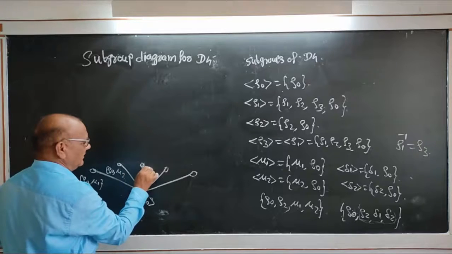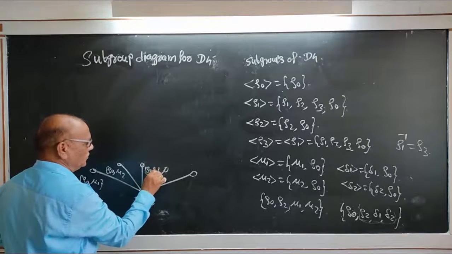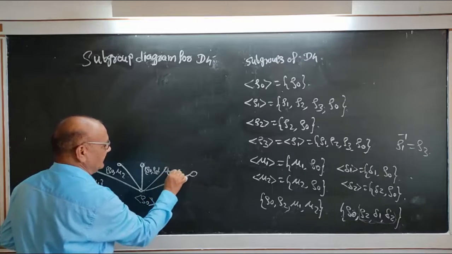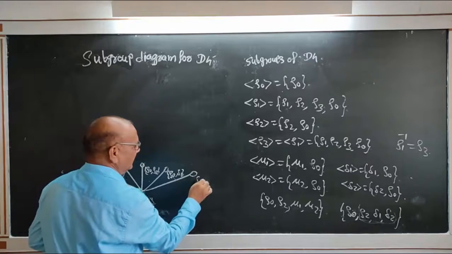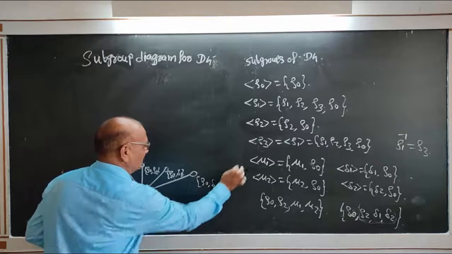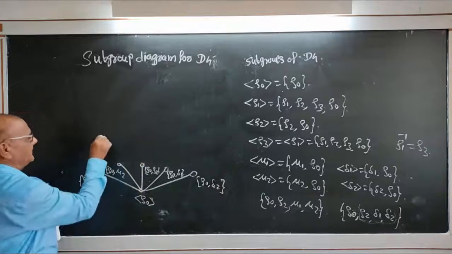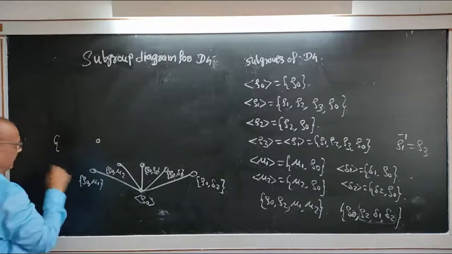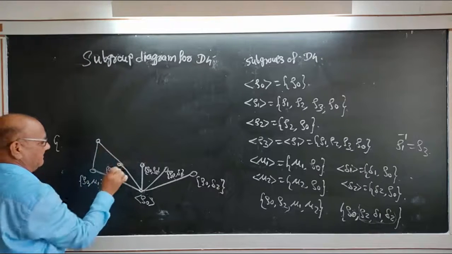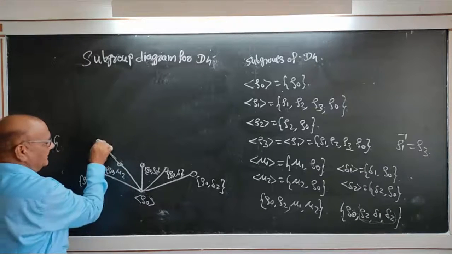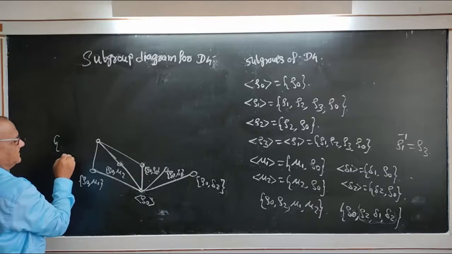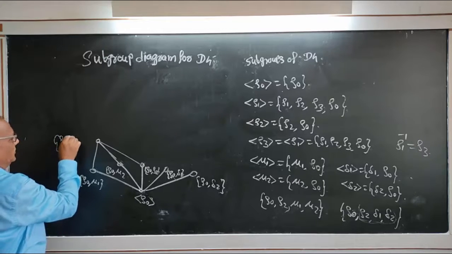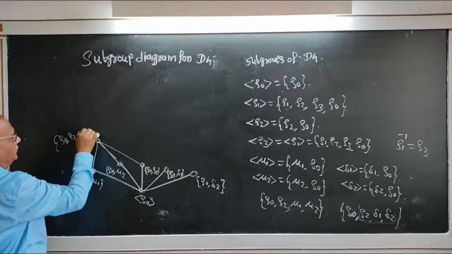Here row 0 row 2. Here row 0 delta 1 and row 0 delta 2. Now see here, row 0, row 2, mu 1, mu 2.